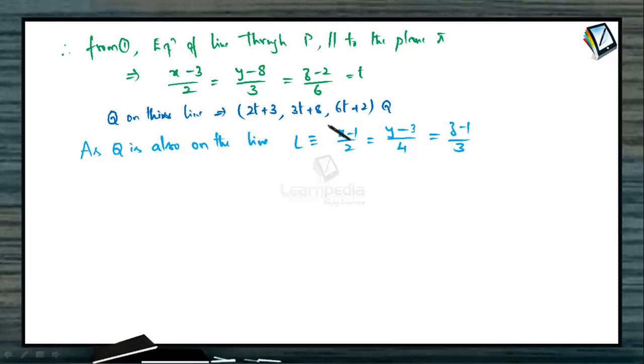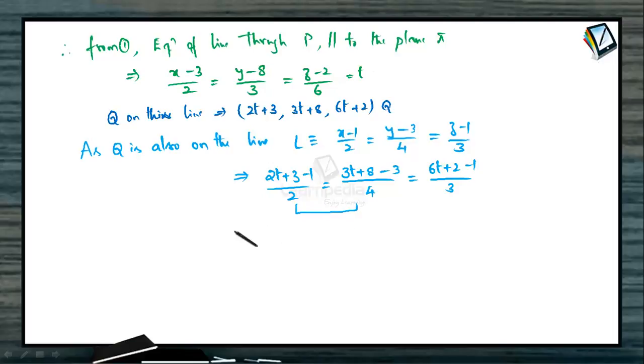When is this possible? This point should satisfy this line equation. That is only possible if (2t + 3 − 1)/2 = (3t + 8 − 3)/4 = (6t + 2 − 2)/3.